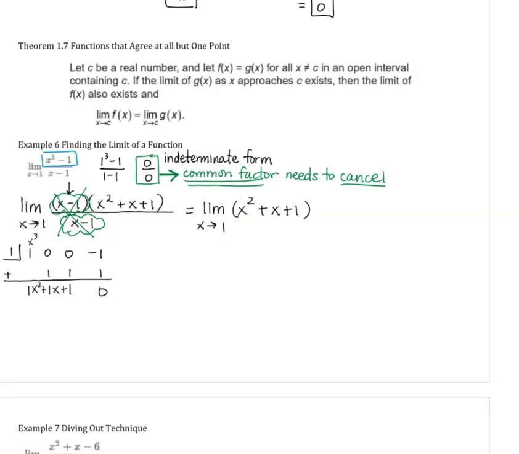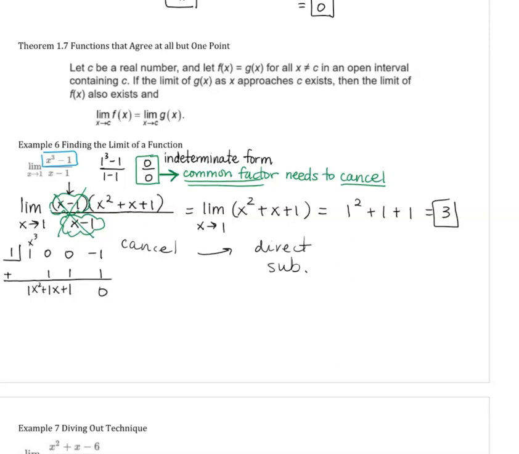And now direct substitution would work and leave me with an answer of 3. So after we canceled, then we were able to come over here and just use direct substitution.